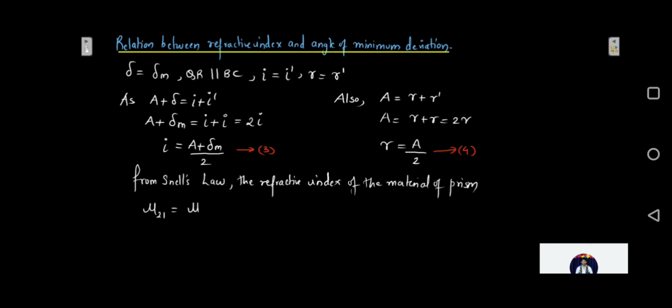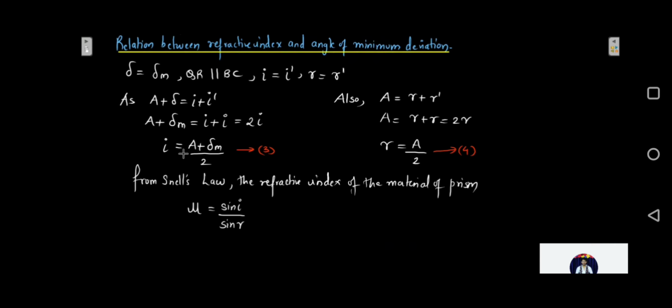That is mu 2 upon mu 1. But the first material is the surrounding material, that is air. So this is going to be 1. So it is just mu 2, because mu 1 will be 1 because the surrounding is air. So we can just write it as mu, considering mu as the refractive index of the glass or the transparent medium of the prism. So mu will be equal to sine of i upon sine of r.